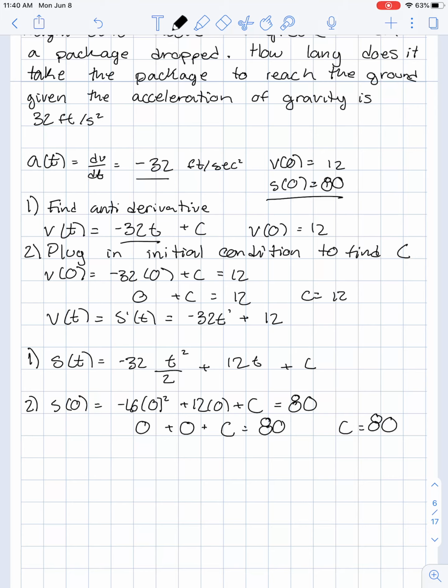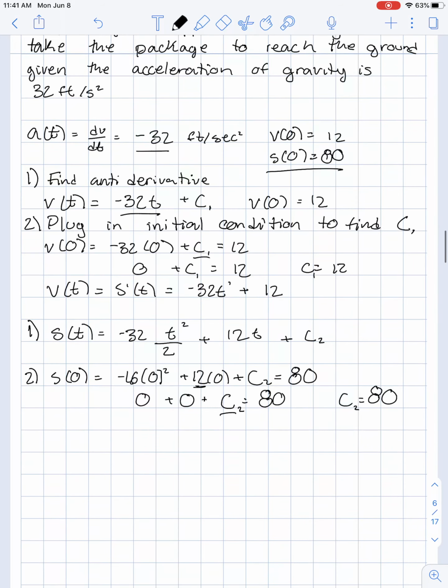I know I'm using C for this one and this one, but they're not the same C. This is still 12 right here. What I mean when I'm doing the plus C is that it's just a constant. Don't think that it's equal to all constants. If I wanted to, I could call this C1 and this C2.